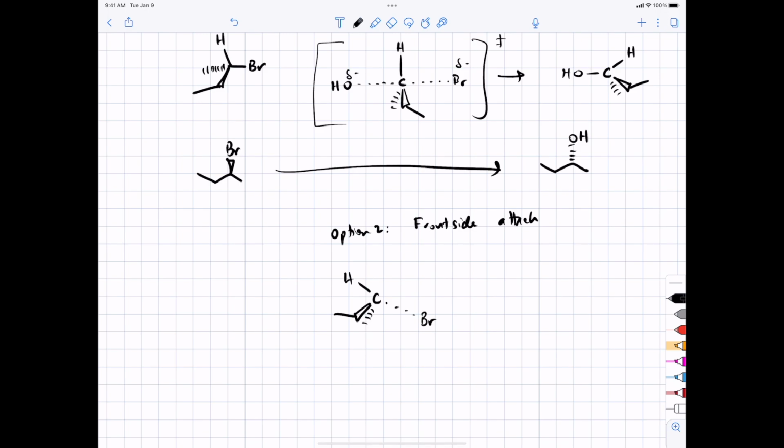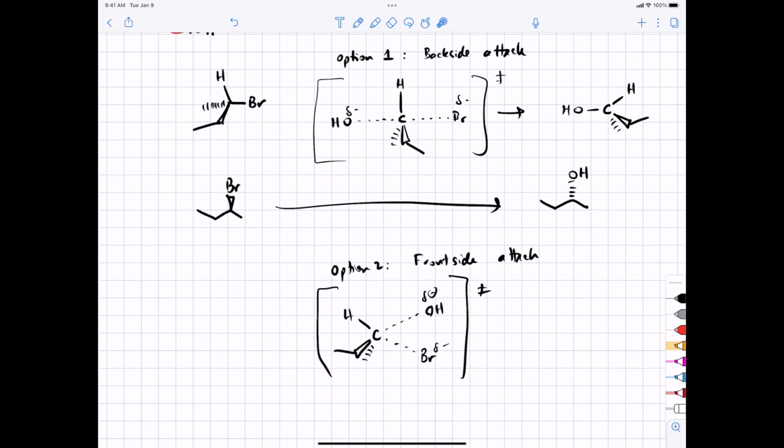Let's suppose the carbon bromide bond is breaking and then the carbon oxygen bond is being made. Here's a transition state. And if this were the one that's going on, then you would predict that you would install the OH group on the same side as the bromo originally was.